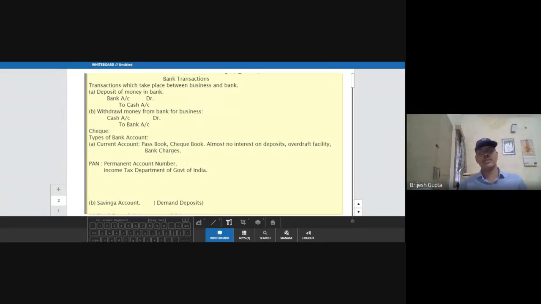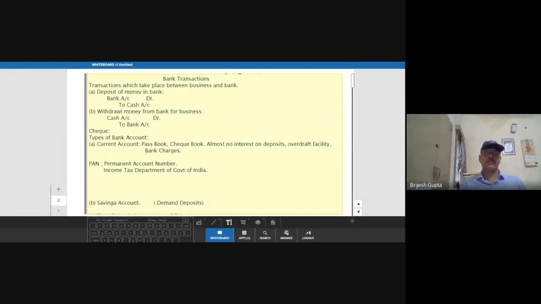It is a simple process. Nearby you will find persons who do this business, or you can do the process online. This permanent account number is provided by the income tax department of the Government of India.